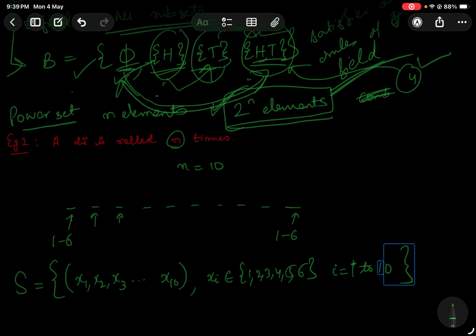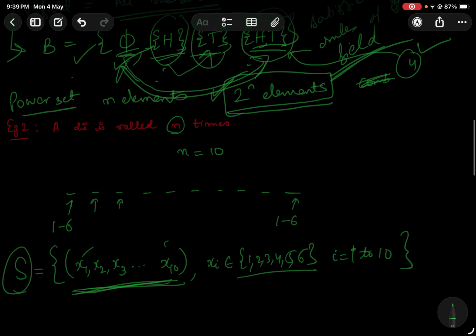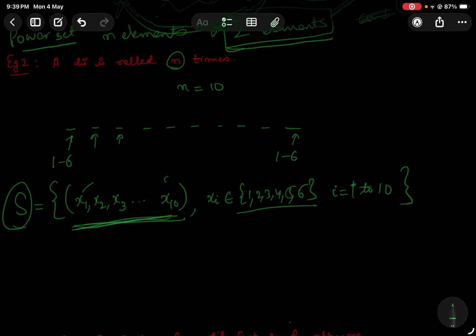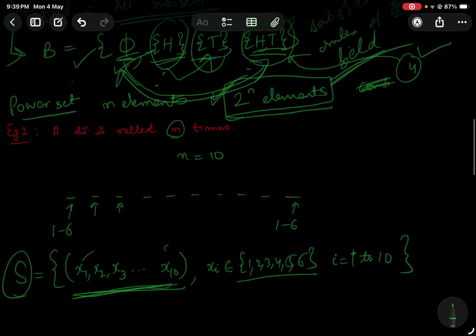So it's saying that all possible tuples, and the number of elements in this tuple is 10. All possible tuples where x1 to x10 is between 1 to 6. Make a set of those. That is my sample space. And the number of elements, this again involves permutation and combination principles, but the number of elements that are there in this sample space.